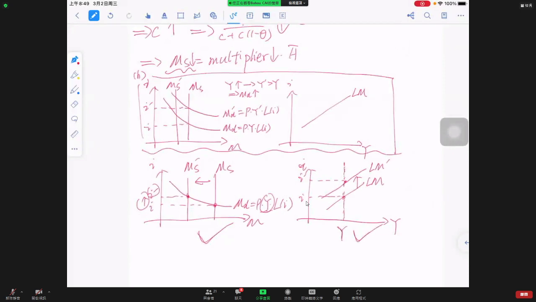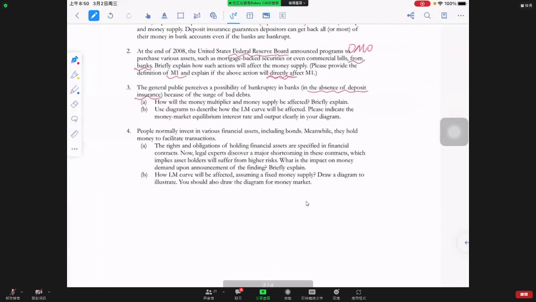The most important thing is that you should indicate that the equilibrium output is unchanged. This one remains the same. So at the same level of Y, we have a higher interest rate, okay? So this is why the question asks you to indicate the equilibrium interest rate and output clearly, okay?